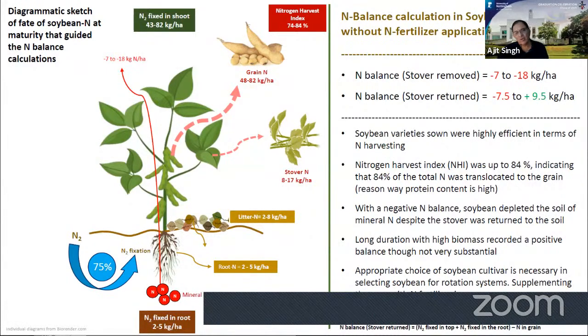So it's very important, if you are into a rotation system or intercropping system, that we select the appropriate soybean variety. In this way, you can say that the long duration varieties, in terms of sustaining the soil with nutrients, will be preferred as compared to the short duration varieties, because short duration varieties are very efficient and they remove N from the soil. Yeah, next slide, please.